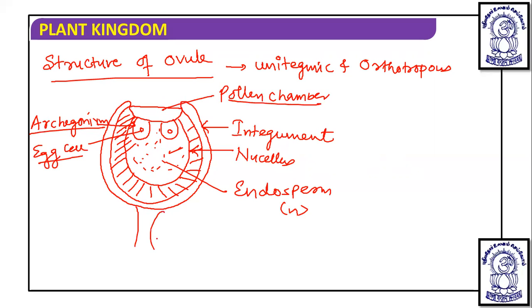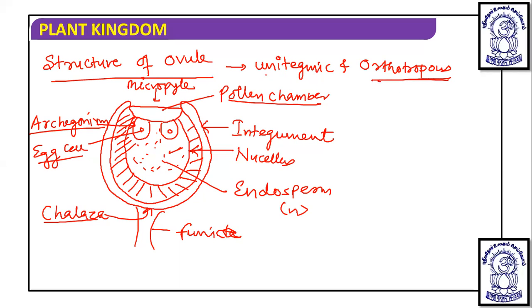And here you will find a funicle like this. So this is the funicle. This is the chalaza, and this is the micropyle end. When the micropyle, chalaza, and funicle are in one line, then this is known as an orthotropous ovule.